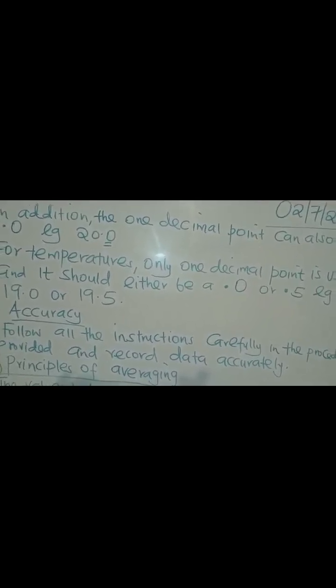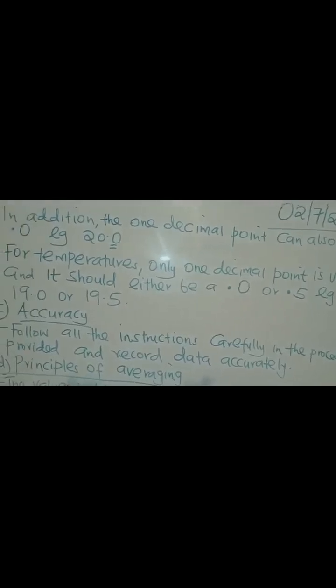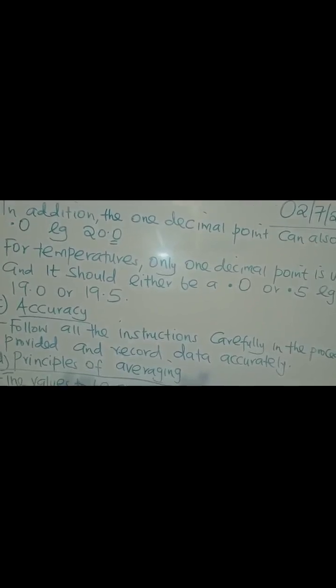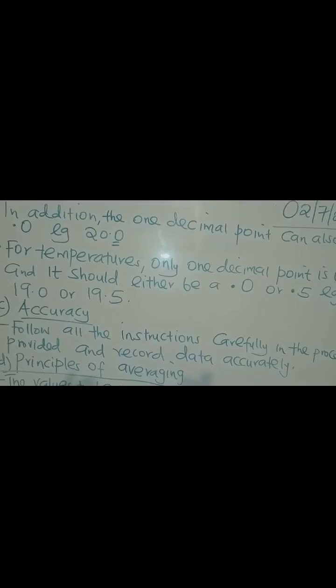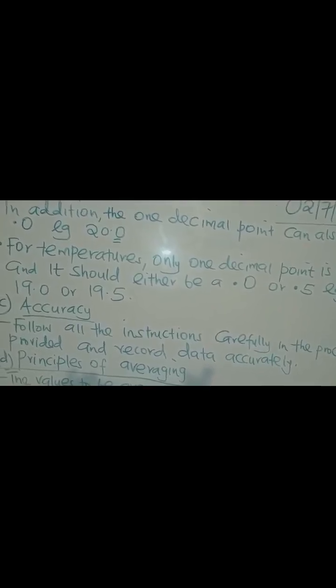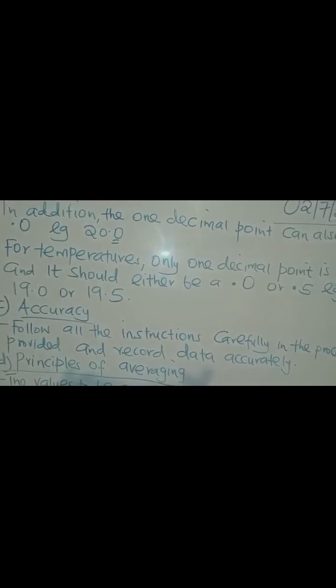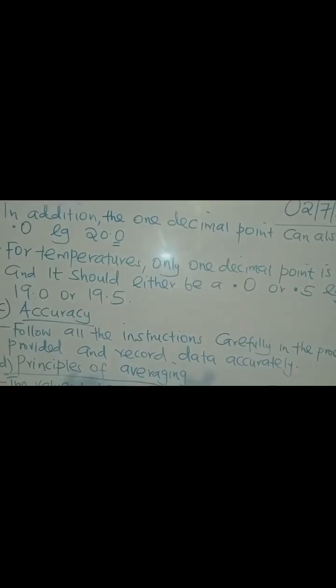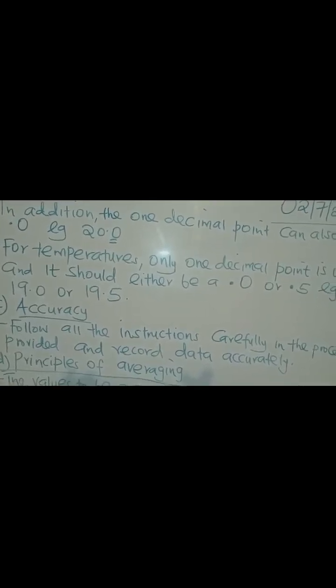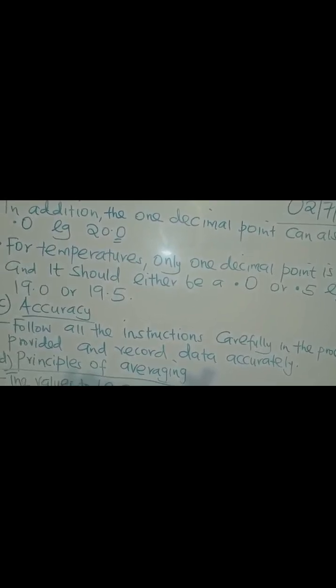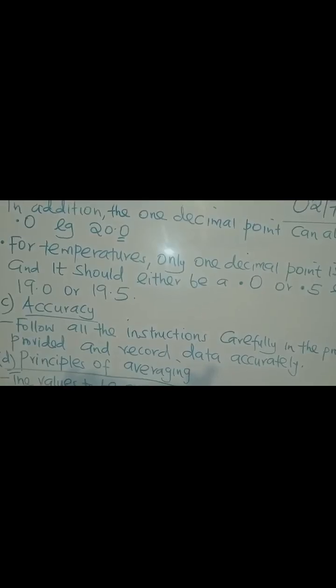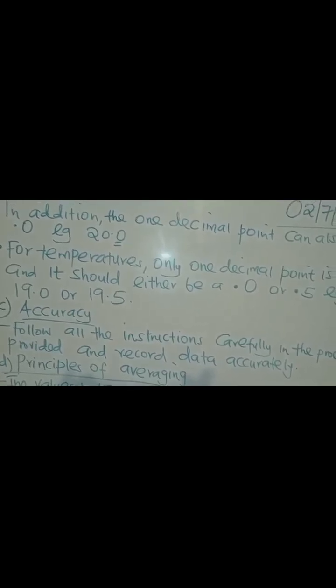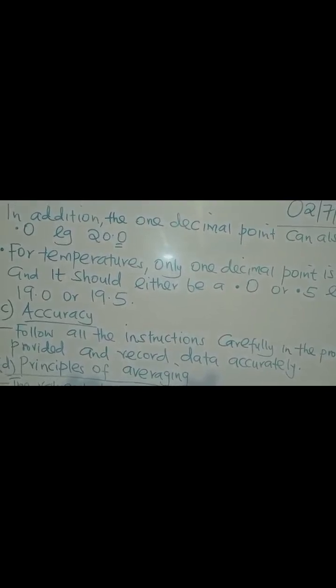For example, you can have 19.0 or 19.5. That is just an example. That means there are no values like 19.1, 19.2, or 20.8. It can only be a 0.0 or a 0.5. Strictly that. Any other will be a wrong value and it will not be marked right.